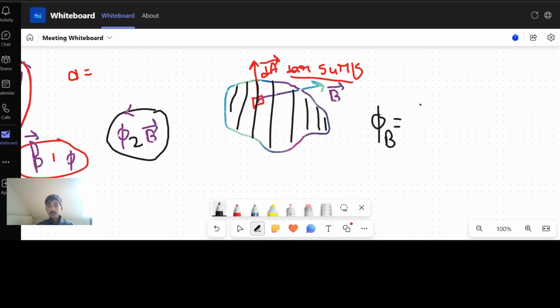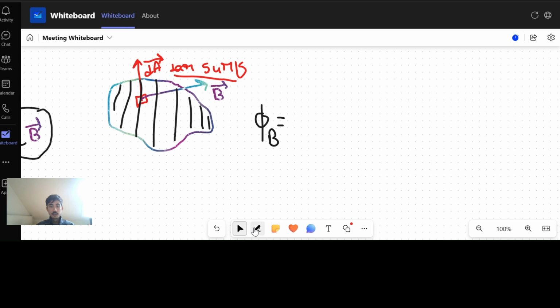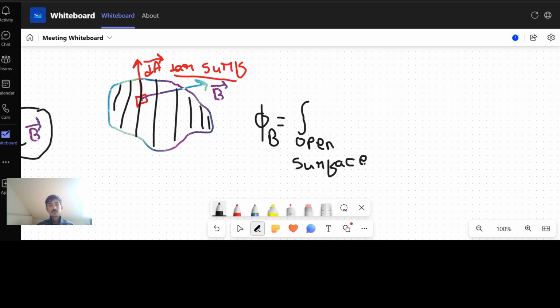So the magnetic flux is defined as the open surface integral, because the surface is not closed, it is an open surface.